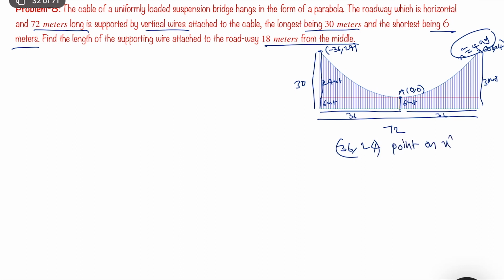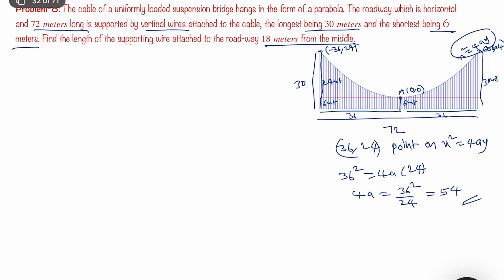If you substitute here, you get 36 square equal to 4a times 24. That means 4a equals 36 square by 24, which is equal to 54. Feel free to verify this. So 4a is 54.